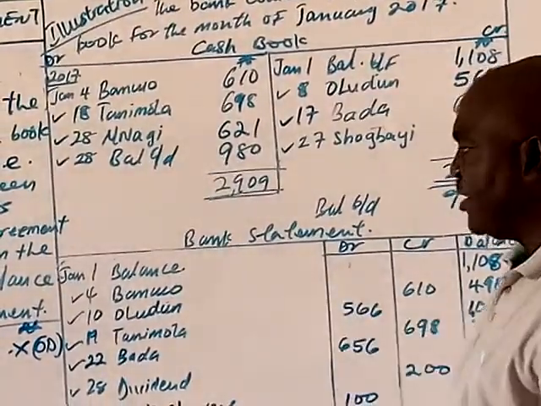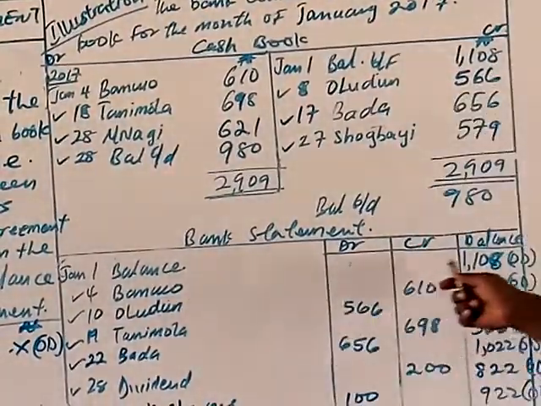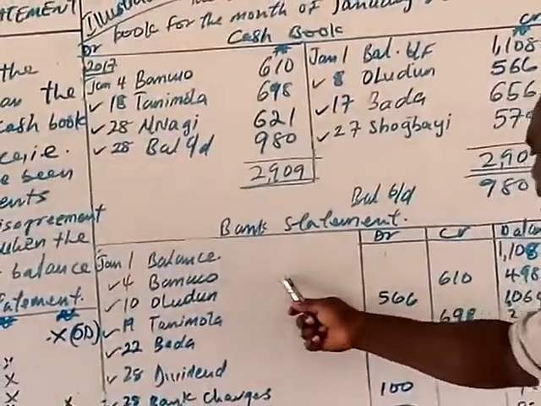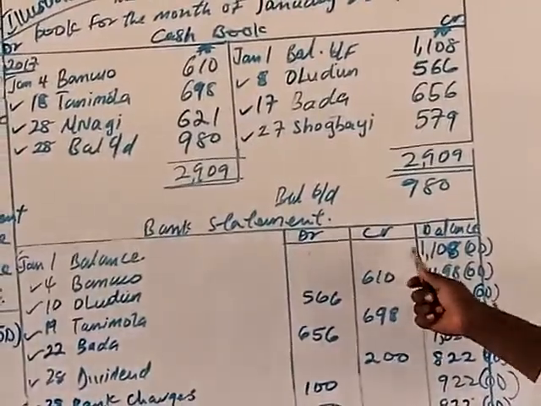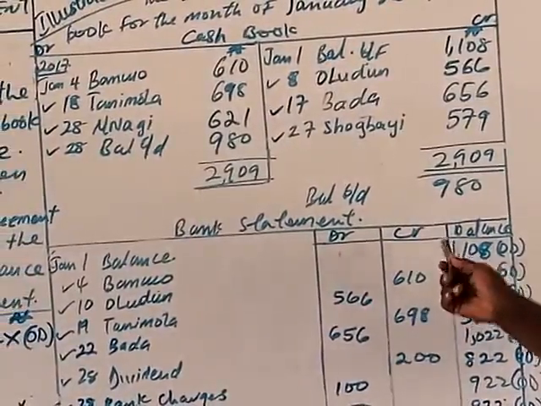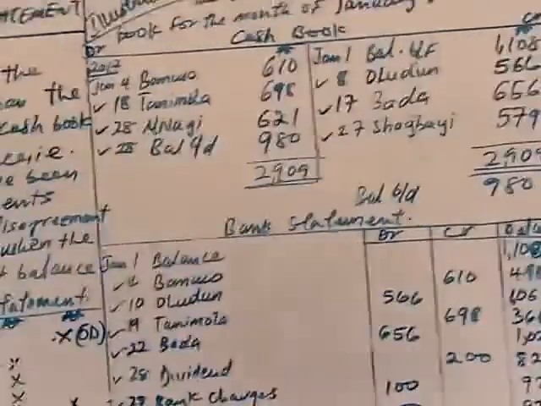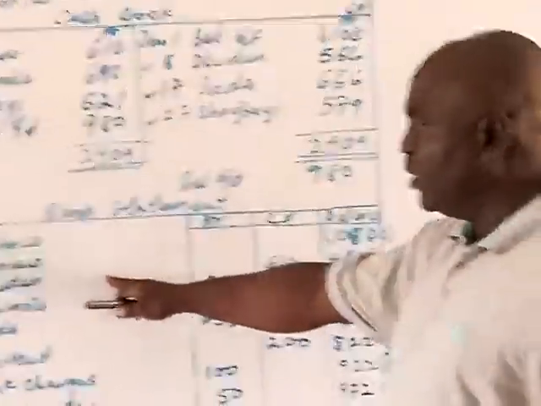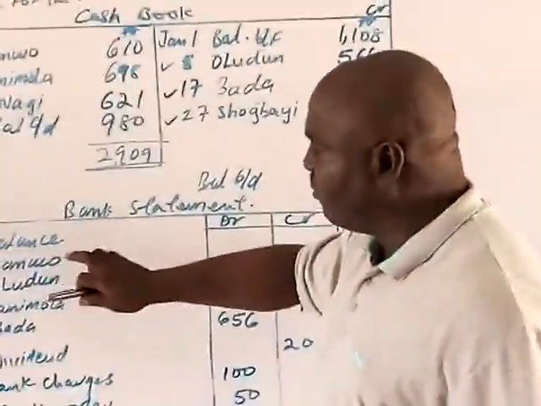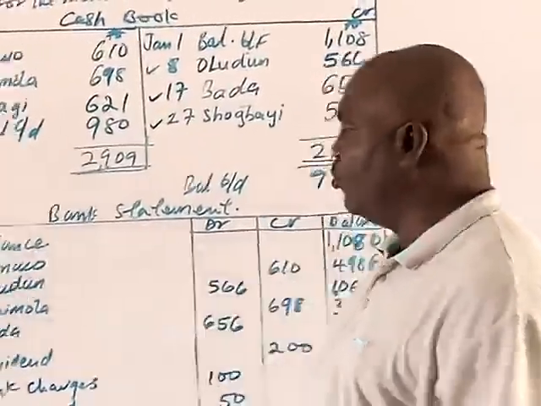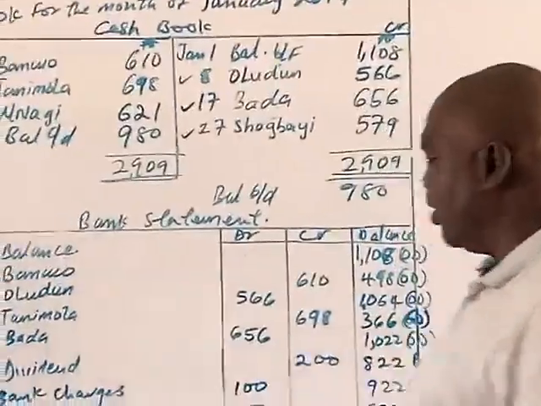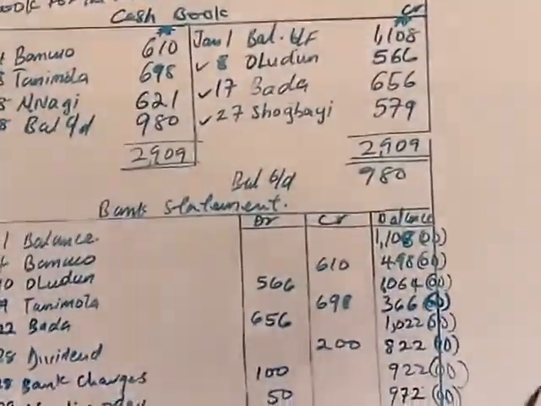Showing the bank statement, from the balance, it is overdrawn. Then all that has been credited to the bank will have to be deducted from the balance of the cash book. And then from there, we have January 4, this is for Bango, Oludu, Tanimowo, Tanimola, Bada, dividend, bank charges, and standing order. These are what we have in the bank.